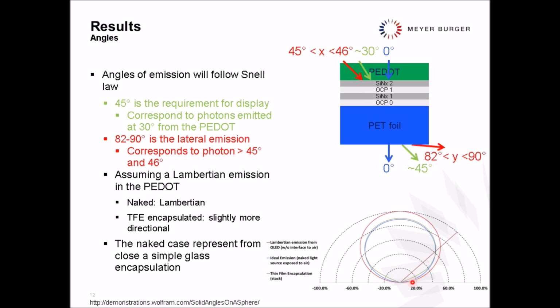And when we look again at 45 degrees, which is here represented by this line, what we see is that there is really no difference. It's important to highlight this because the naked case represents from close a simple glass encapsulation. So meaning that between a TFE encapsulation and a glass encapsulation at large angles there is not much difference to be seen.